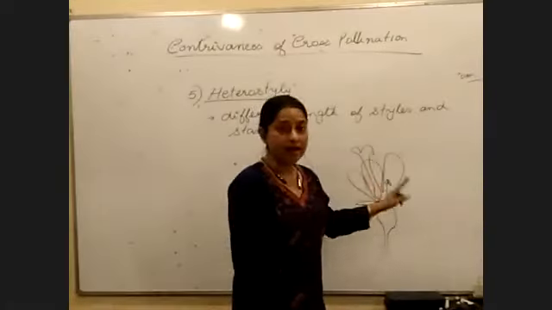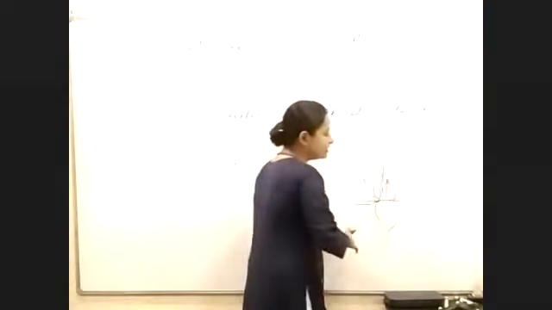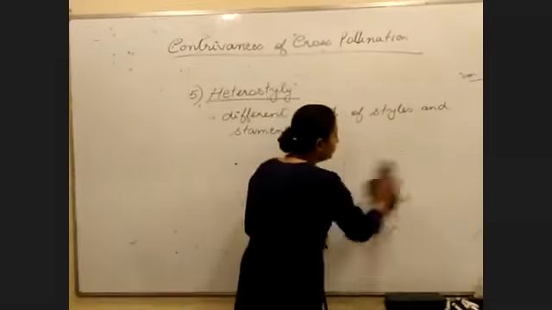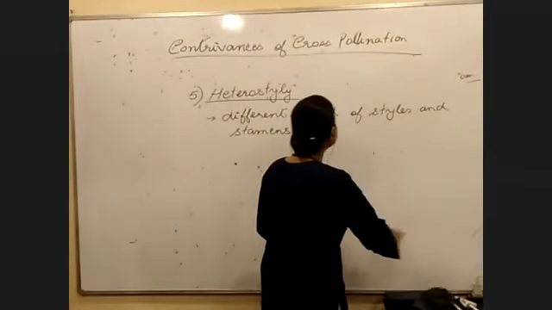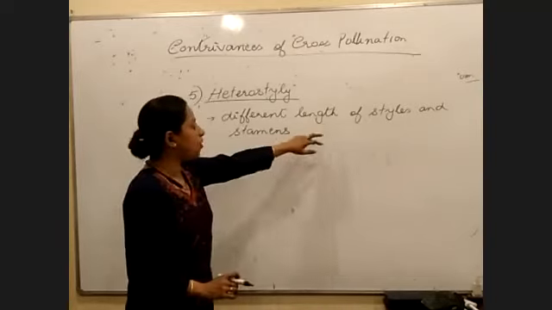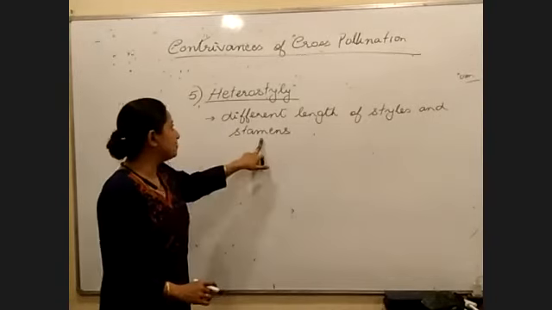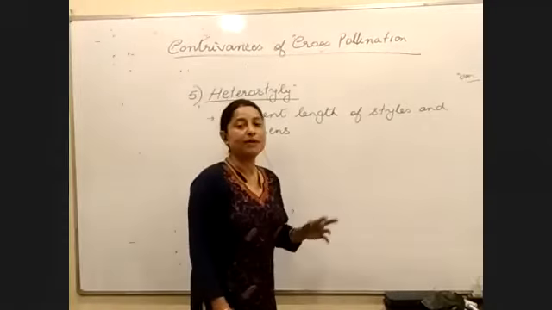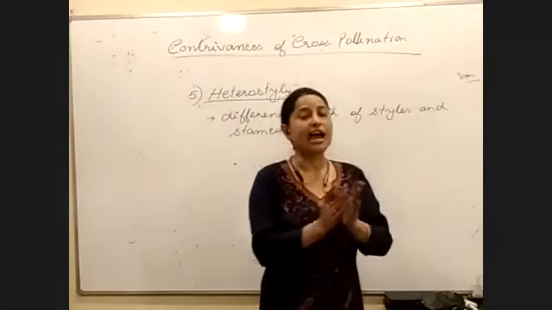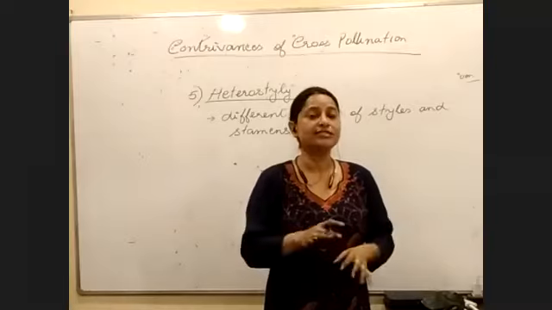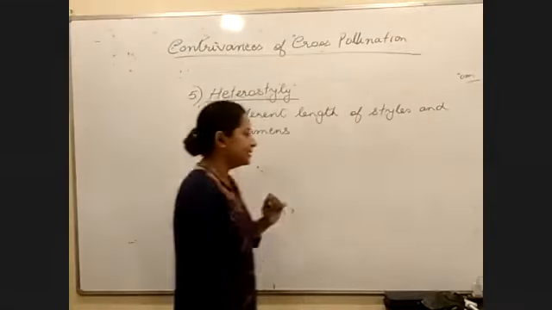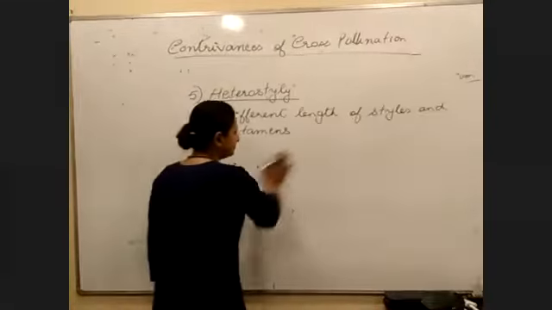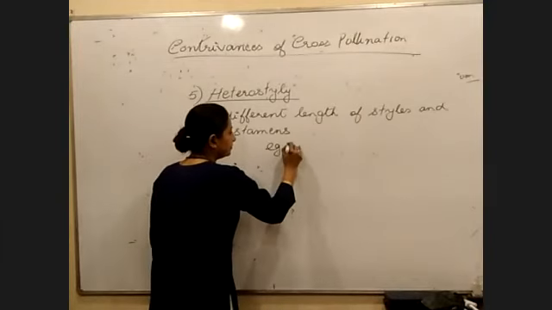So in this case, if the height does not match, the flower is bound to undergo cross-pollination. This difference in length of the style and the stamen is called heterostyly, meaning the male reproductive part and the female reproductive part are of different lengths, and so self-pollination does not become easy. Is it clear? Yes, ma'am.